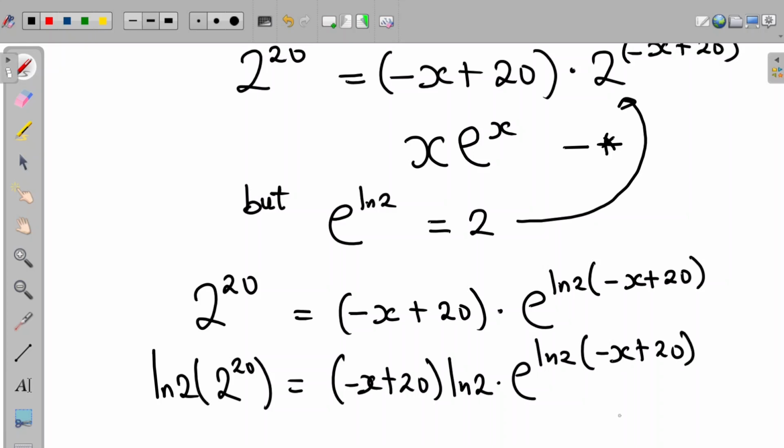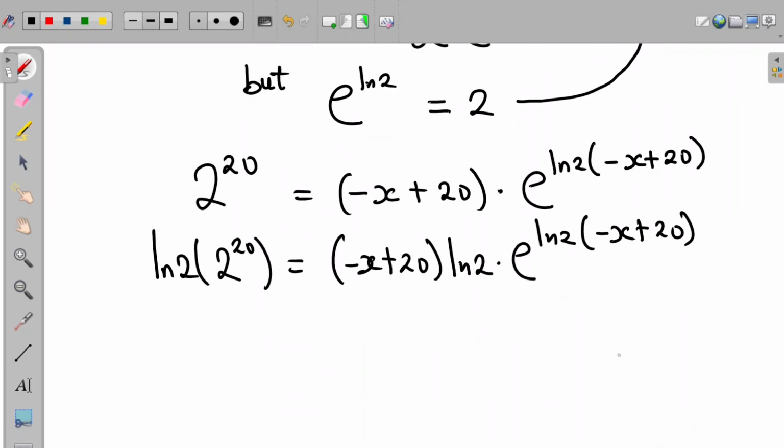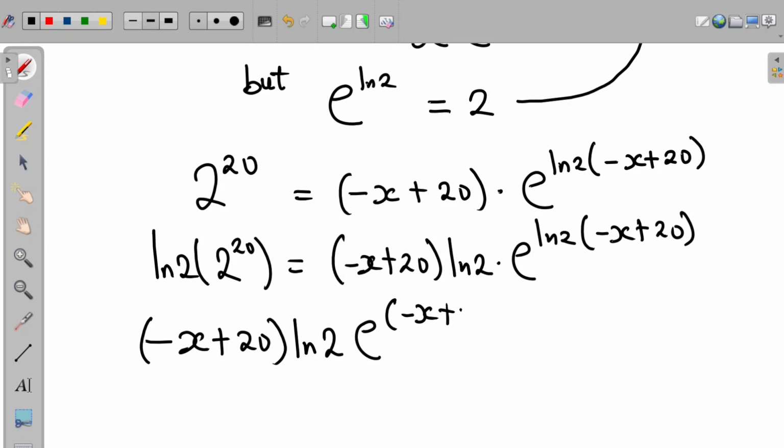Now, we can rearrange the right-hand side. The equation becomes minus x plus 20 multiplied by ln 2 multiplied by e, open bracket, minus x plus 20 multiplied by ln 2 equal to ln 2 multiplied by 2 to the power of 20.